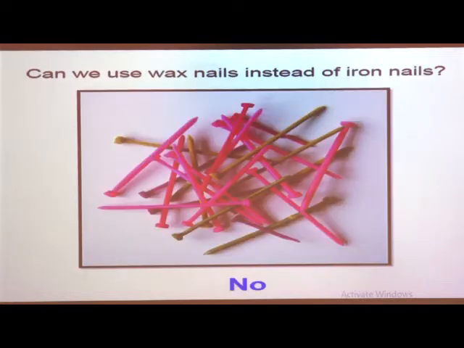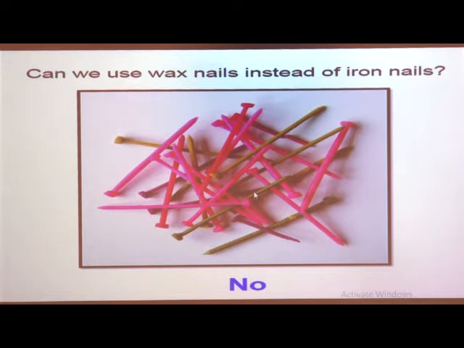In the same way, can we use wax nails instead of iron nails? See, we put these nails in our walls to attach a frame to a wall or something else. If these nails are made of plastic, can we press them properly?